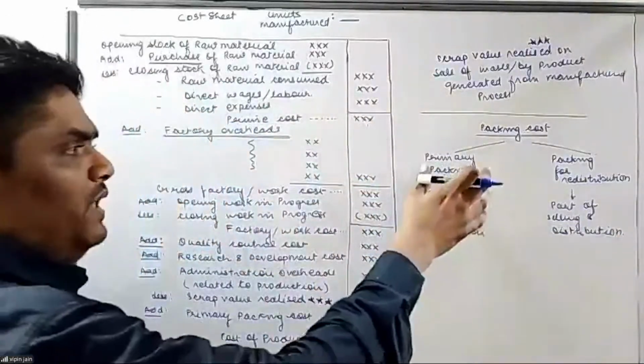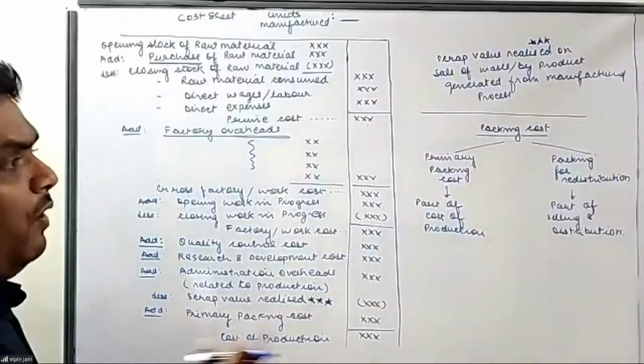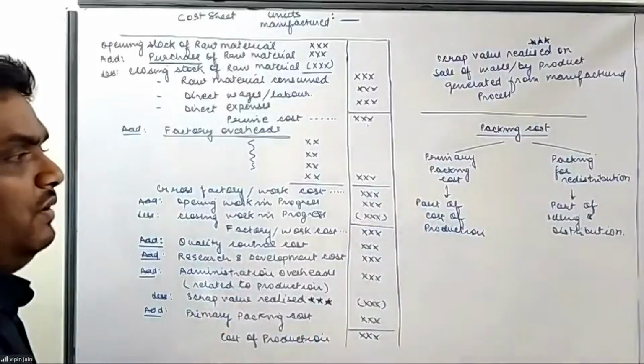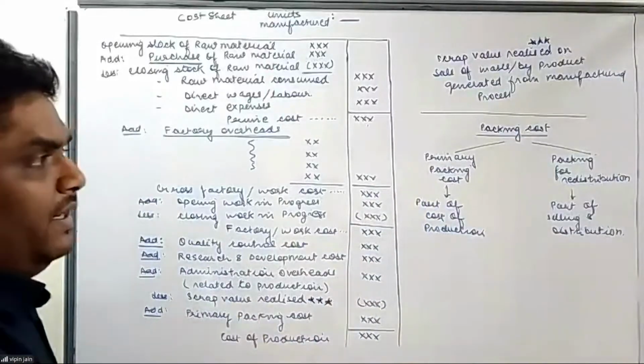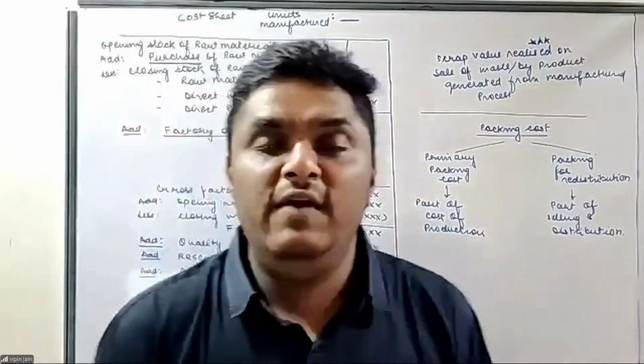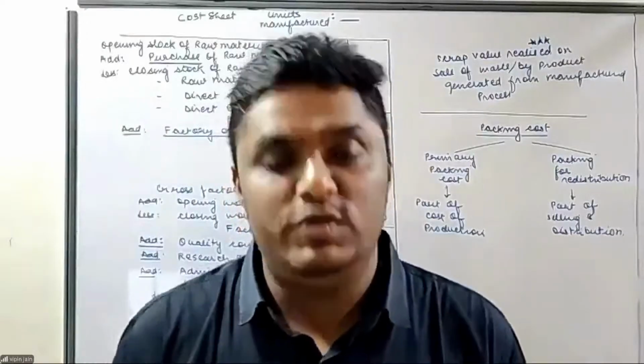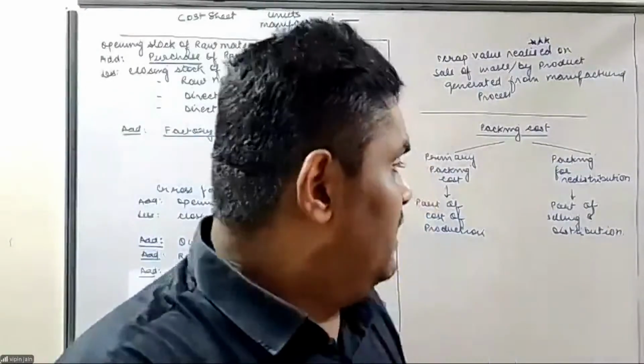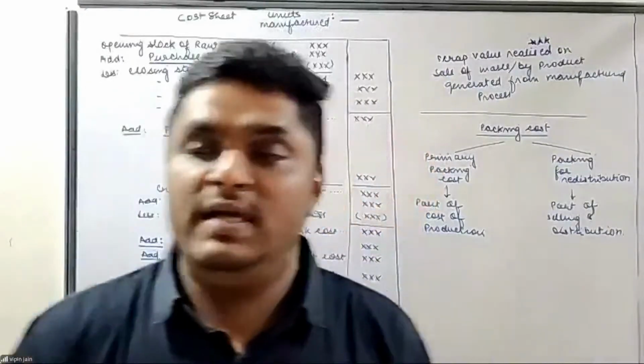When talking about the primary packing cost, it will form part of cost of production. That is, here it will be added. And when talking about the packing for redistribution, it will go to selling and distribution cost. Let me discuss this with the help of an example.